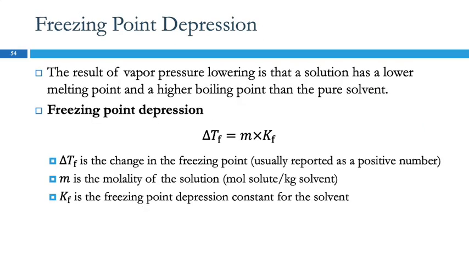So because of the vapor pressure lowering, we have a lower melting point and a higher boiling point. So freezing point depression can be quantified using this equation. Delta TF, that is the change in the freezing point, that is equal to the molality of the solution times a factor.